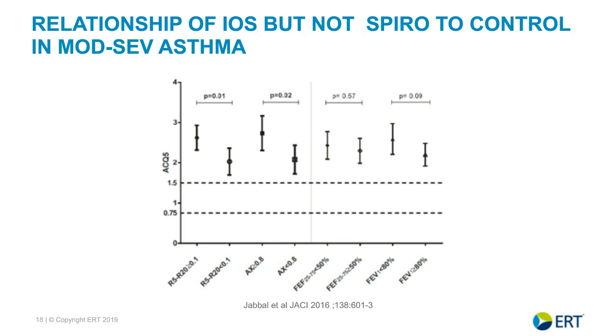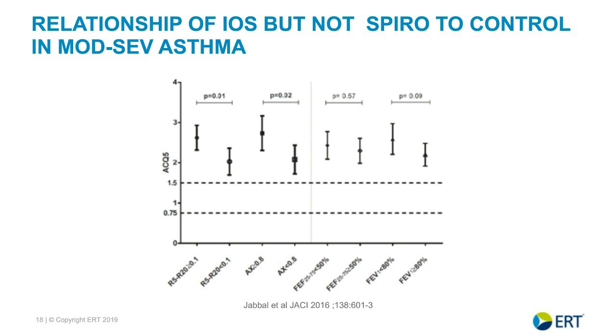On the left of the interrupted line, you can see that the ACQ score was significantly higher in patients who had a higher R5, R20 value and who had a higher AX value. In other words, these patients who had high peripheral airway resistance and who also had high airway reactance, their ACQ scores were significantly worse.